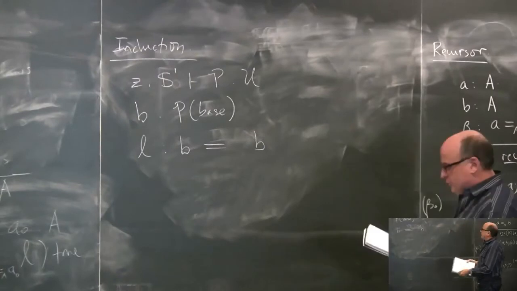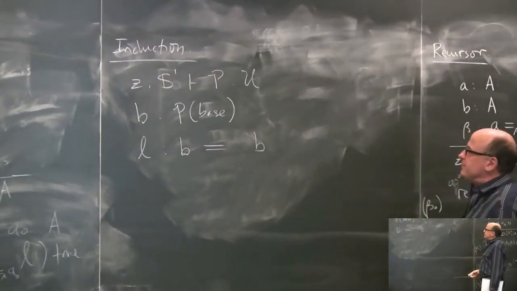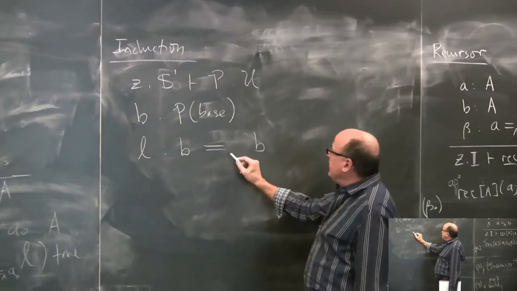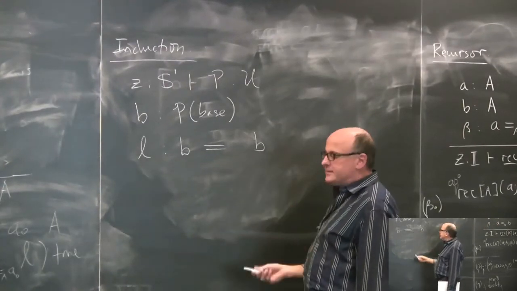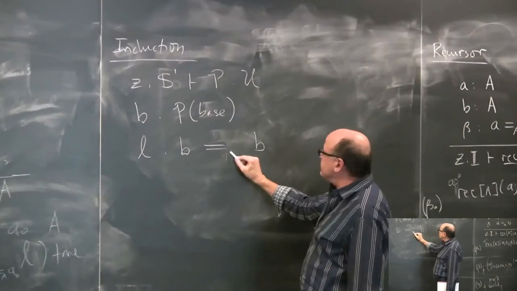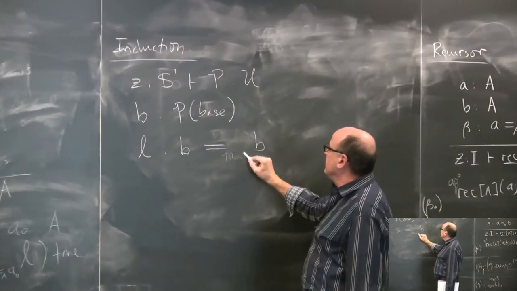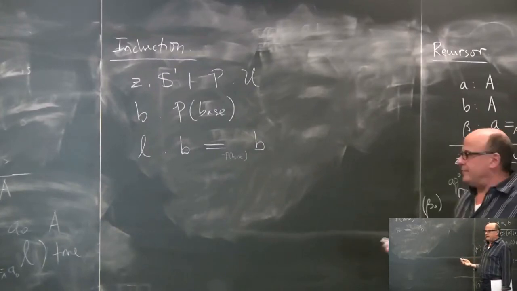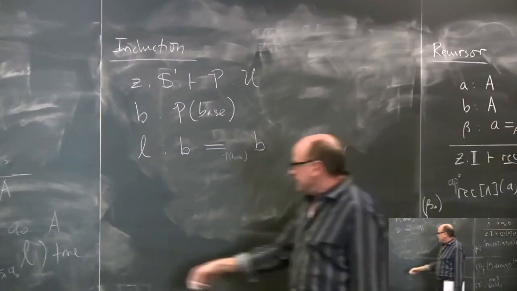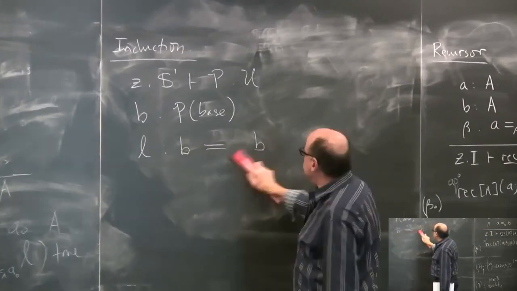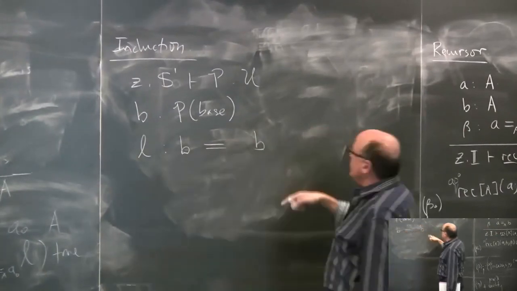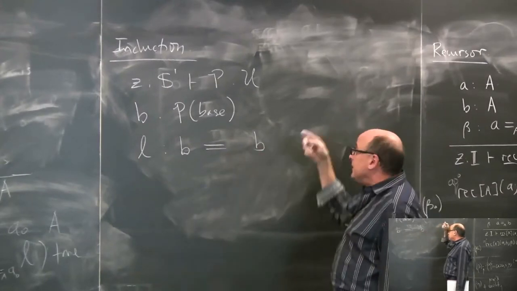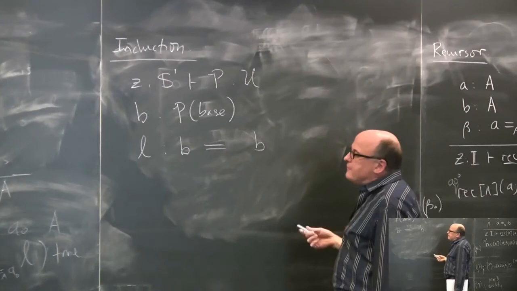But that's a little tricky. We have to be careful about what B is equal to B means. This does not mean, and that's what's important, strictly on the basis of type checking, I could write P of base here. That would type check, but it's not the right thing. That's the point. It's not the right thing because I don't want to allow you to have an equation between B and B, a path between B and B, so to say, in the same fiber.